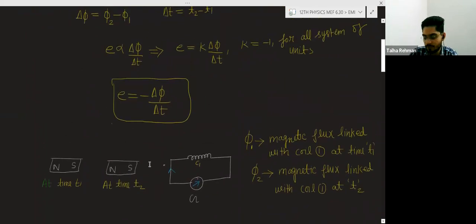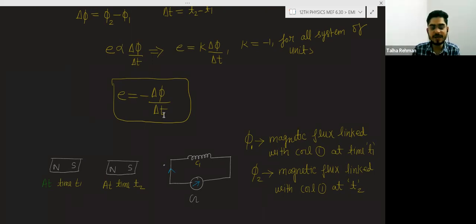Now, like in the chapter current electricity, I have told you current is change in charge divided by change in time. Here also we have EMF, change in flux divided by change in time. There we discussed average current and instantaneous current. We calculate the average for a finite interval of time.